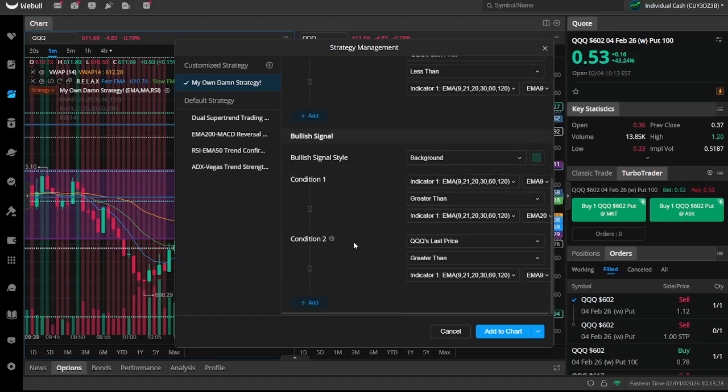That would tell me it's bearish or red. I have the background changed to green if EMA 9 is greater than EMA 20, and if QQQ's price is also above the EMA 9.